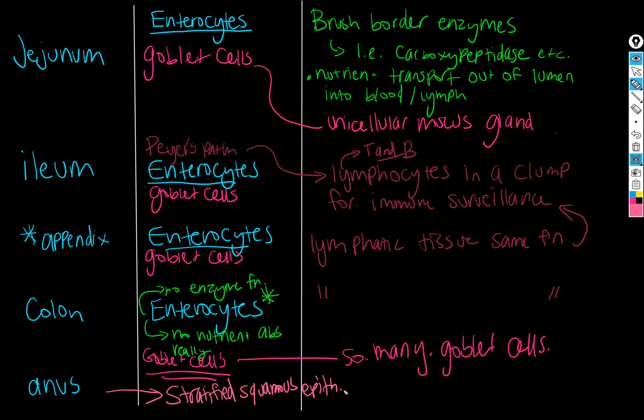So for me to do a deep dive into the cell types that make up veins, for example, is not really a good use of our digestive system time, because veins aren't specific to the digestive system, and neither are fibroblasts for that matter, nor are smooth muscle cells. Those are things that you should know are there, and you should know their function. Smooth muscle cells contract to accomplish peristalsis, segmentation, and churning. But beyond that, it's not worth spending the extra time to line up their functions here.